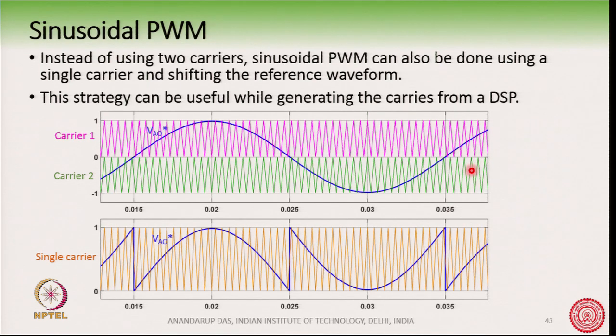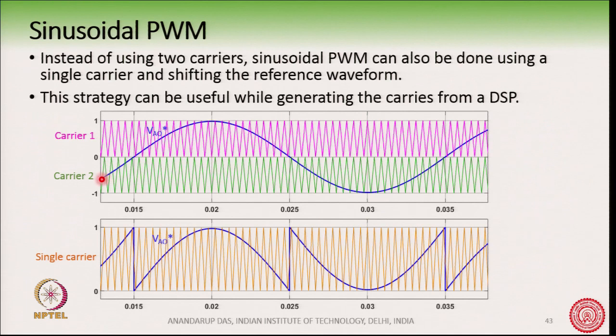When I use a single carrier, what we have to do is shift the waveform. We had seen this when using the level shift PWM, we can shift and put the reference waveform inside one carrier.